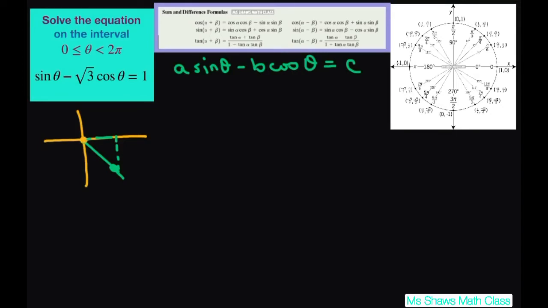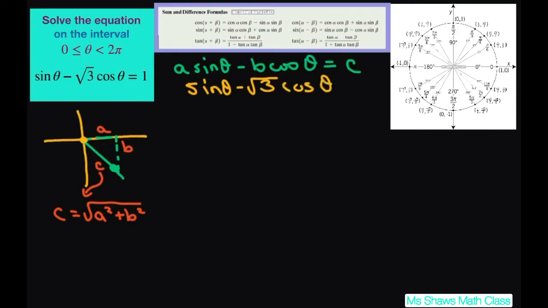And I put a little graph here. This would be like a, b, and c. Now your c is going to equal the square root of a squared plus b squared. So let's copy down our equation: sine of theta minus square root of 3 cosine of theta equals 1.